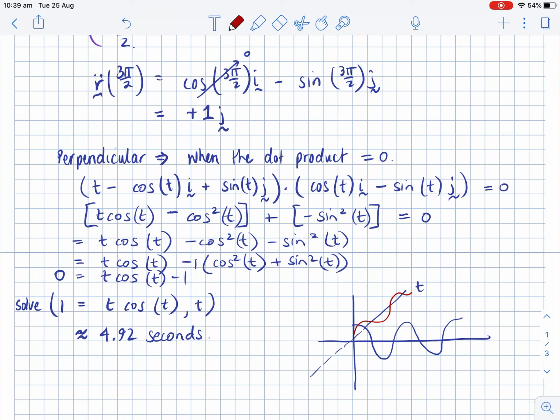Actually, that's not correct at all. Not happy with that. Remember that my cos graph had to be between 0 and 2 pi. So my cos graph's between 0 and 2 pi. So it's just going to be one revolution.